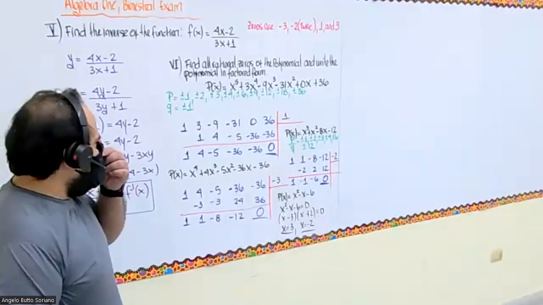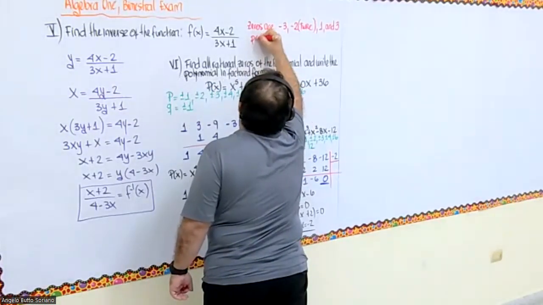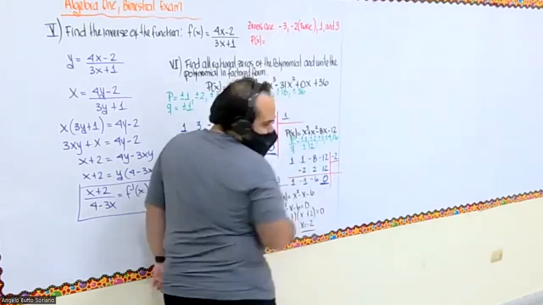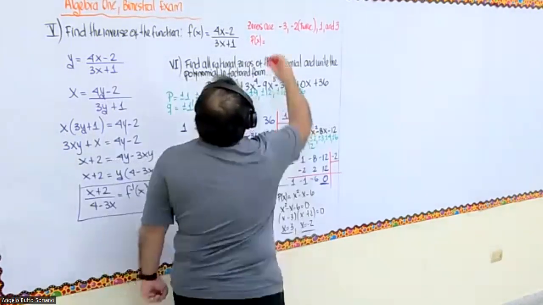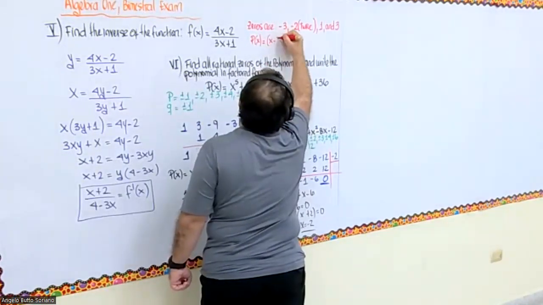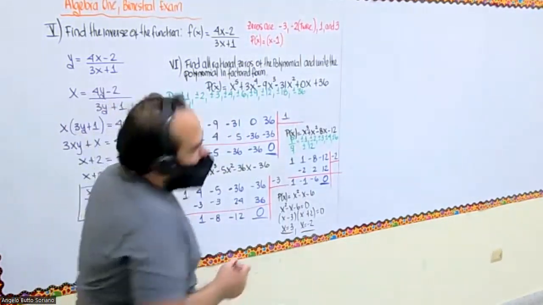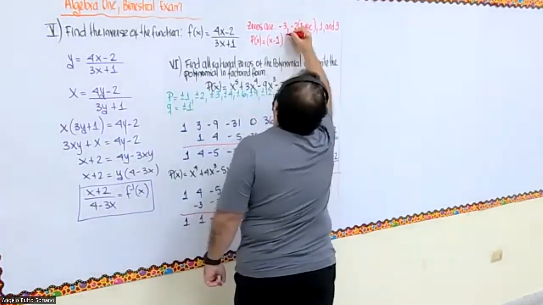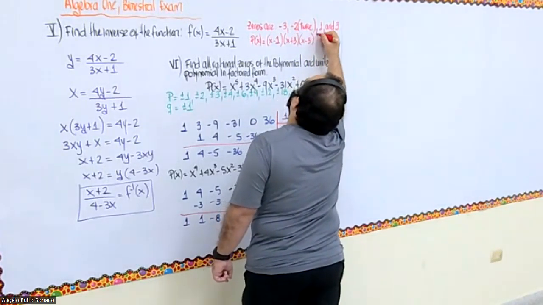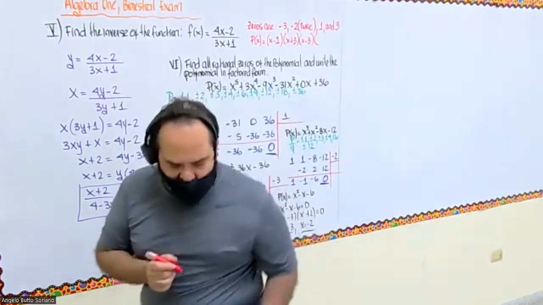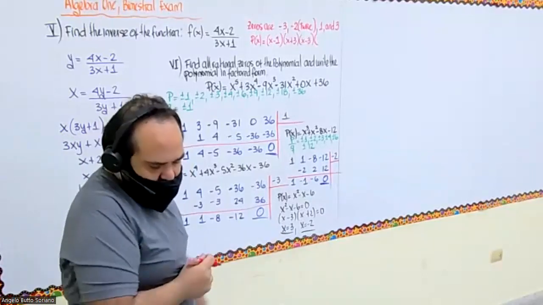Now, the polynomial in factor form, I mean the P(x), will be given by x minus 1, another could be x plus 3, x minus 3, and finally, x plus 2 at the second power.